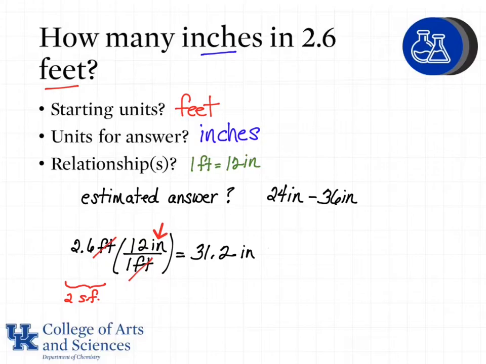When we look at the 12 inches equals 1 foot, we see that these are exact numbers because that's the definition, and so we do not include that when determining sig figs. As a result, we need 2 significant figures in our answer. So we round down to 31 inches because the 2 is the first number to be dropped, and we see that that's going to give us 2 sig figs in our answer.